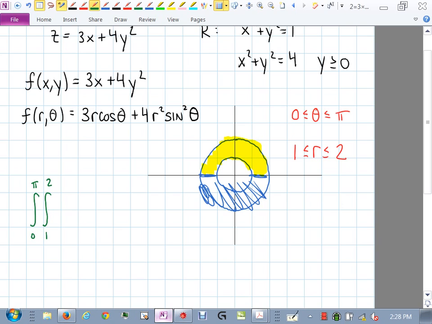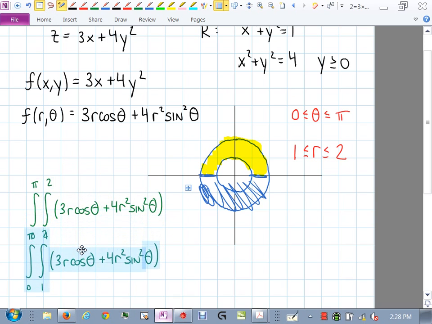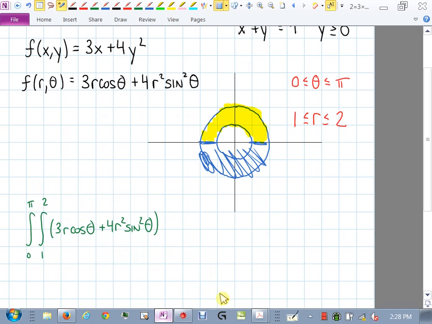Now our function, which is going to be 3r cosine theta plus 4r squared sine squared theta, but then all of that times, and this is where we have to remember the conversion, all of that times r, d what?